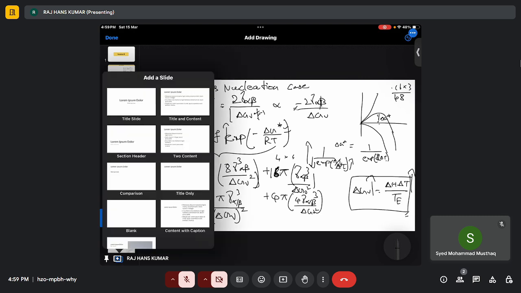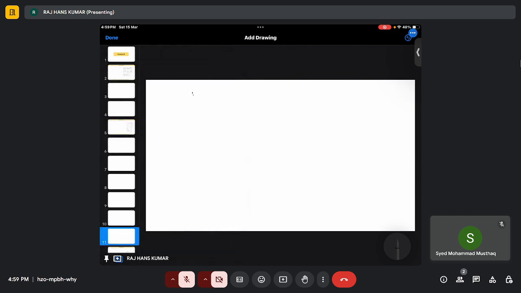Now, N homogeneous will be equal to C naught, the frequency, times the exponential of minus delta G star upon RT.